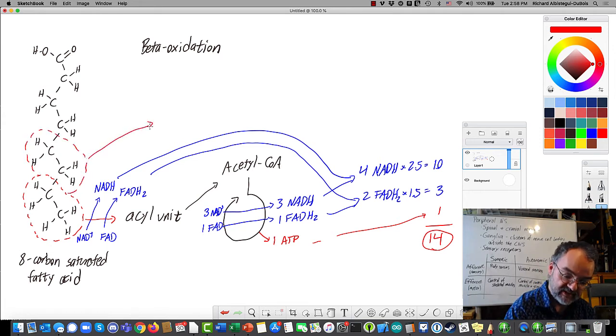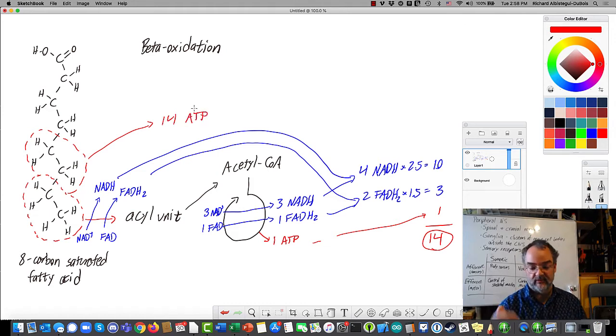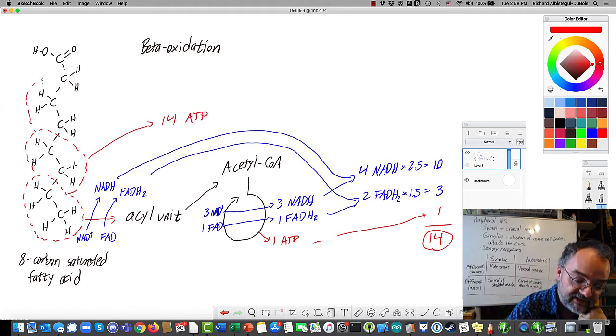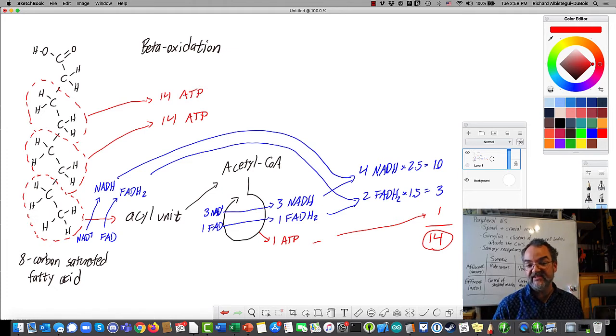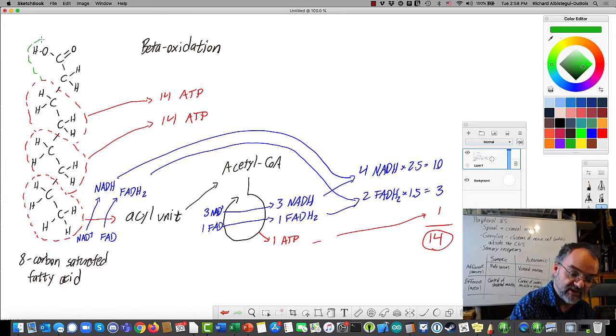So that is going to be worth another 14 ATP, using the same process overall. And the next 2. So there's another 14 ATP. Now the last two carbons, I can turn those into an acyl unit as well.